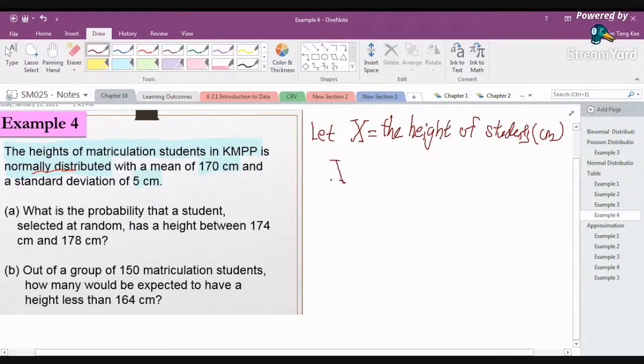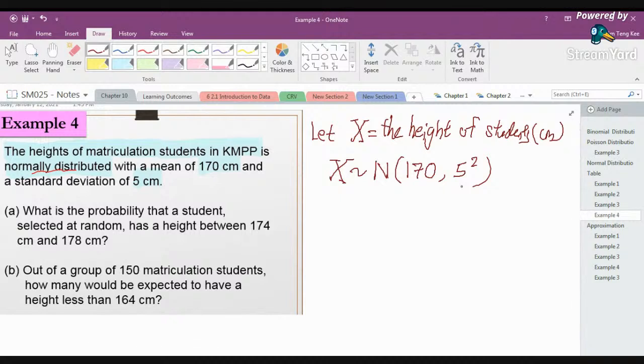The height of students X follows a normal distribution according to this question, with mean of 170 and variance of 5 squared. I don't write 25 here because later in my calculation I need to use 5 instead of 25, so I just put 5 squared so that it is easier for me to refer to sigma.